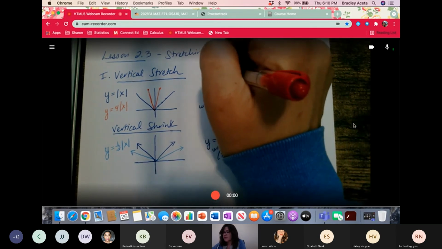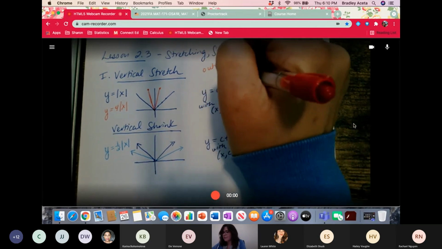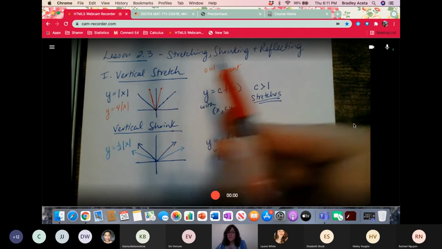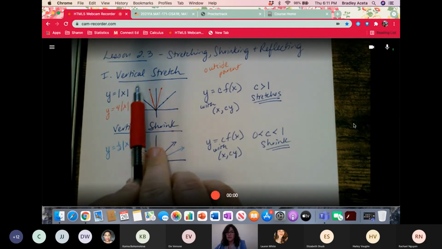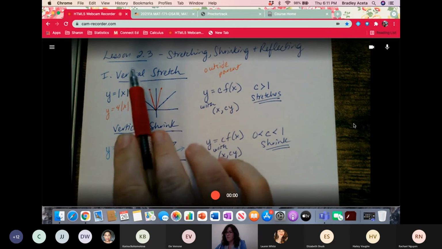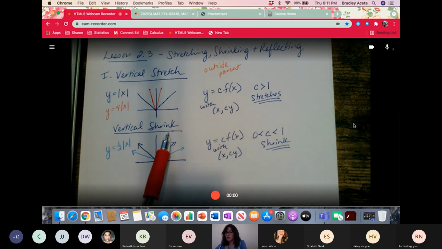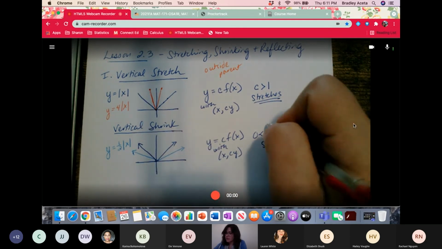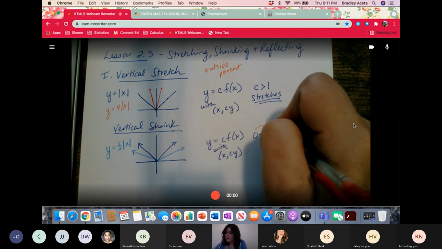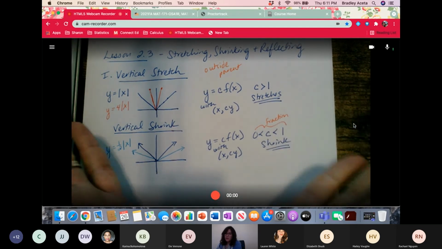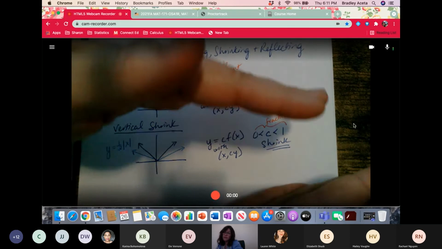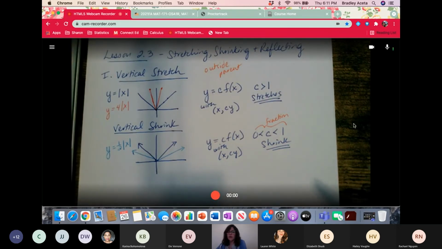So, a couple quick things to know about this number on the outside of your parent function. When it's outside the parent, it's a vertical stretch or a vertical shrink. If it's a fraction, it's going to shrink it. It'll push that vertical down and make it wider. Whereas if it's a whole number, it's going to pull it up.